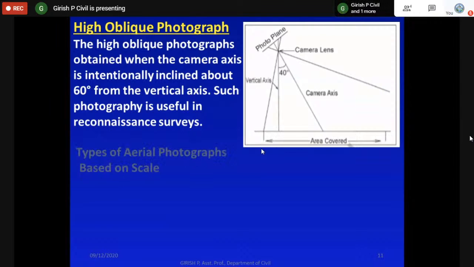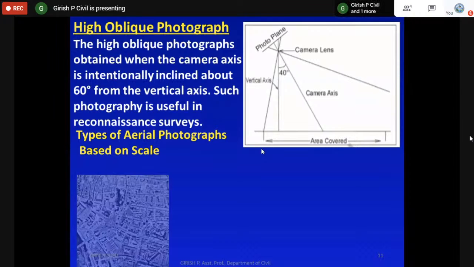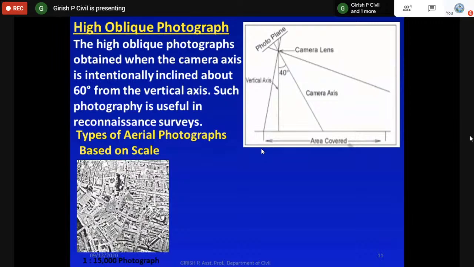Coming to further types of aerial photographs, the varieties of aerial photographs are always based on the scale. Depending on the scale, the imagery resolution varies, which determines how easily we can identify objects and entities in the photographs.